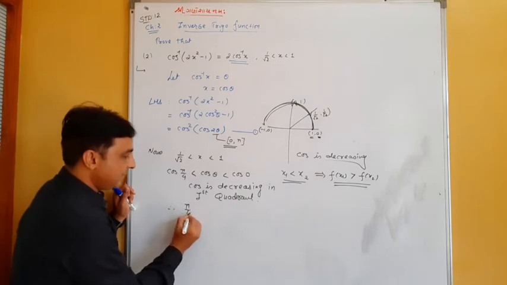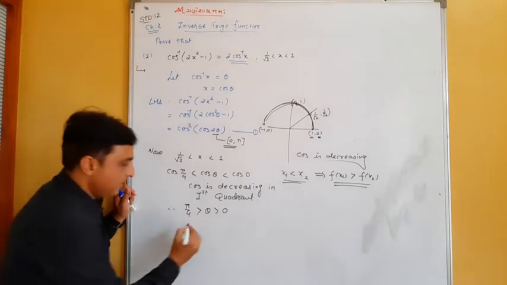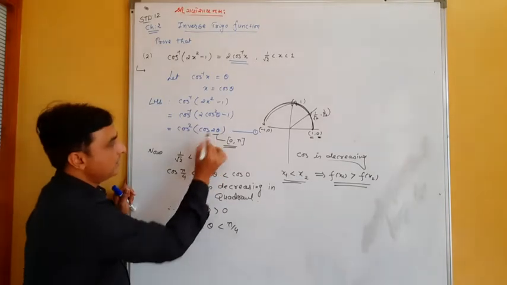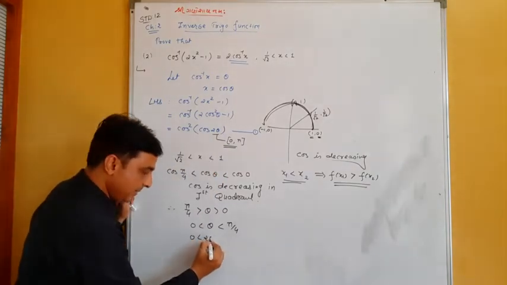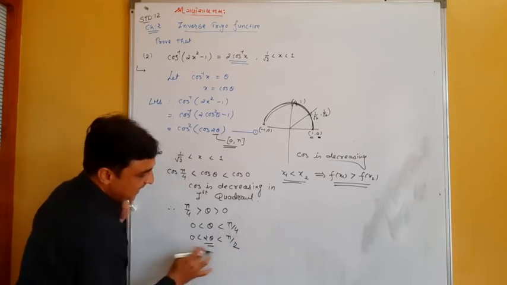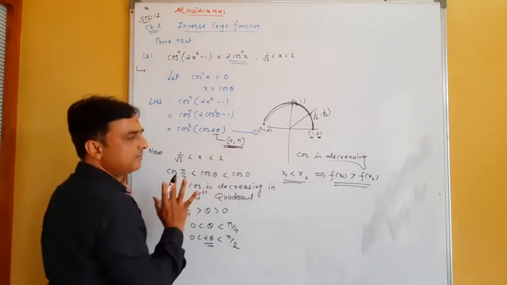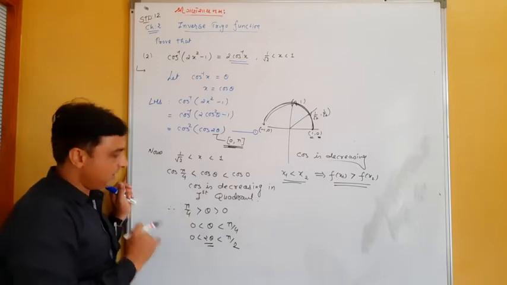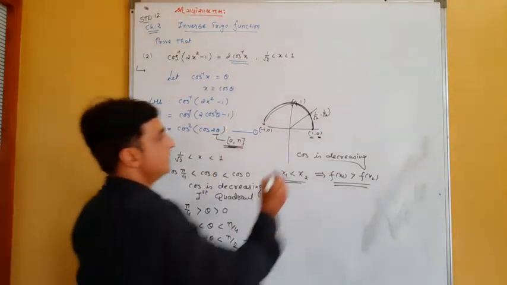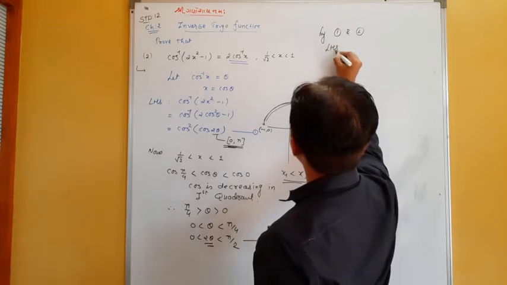That means pi by 4 greater than theta greater than 0, means 0 less than theta less than pi by 4, and we need 2 theta, so multiply by 2, it becomes 2 theta less than pi by 2, means 2 theta lies between 0 and pi by 2, means first quadrant, and we have the condition: first or second quadrant.